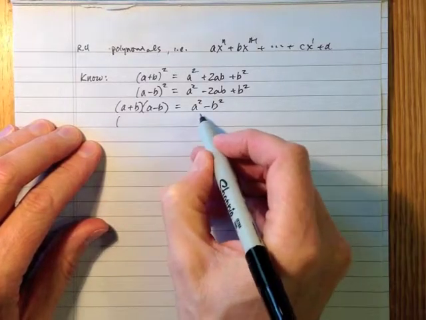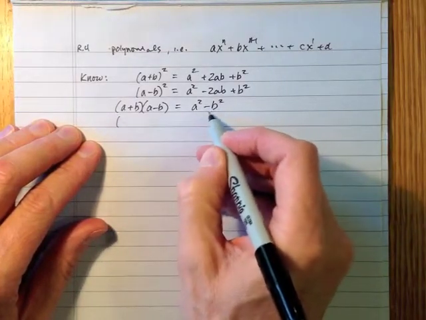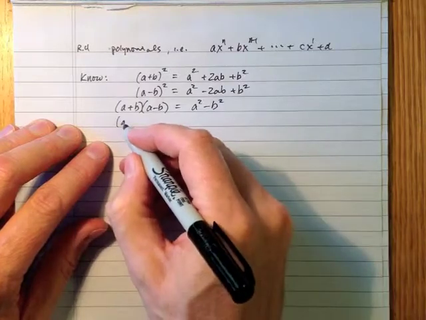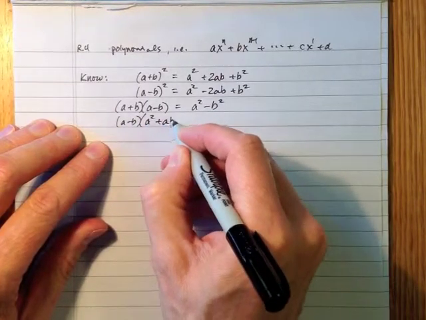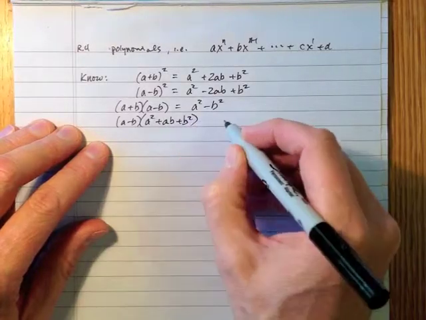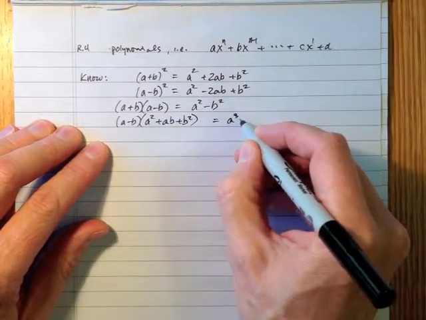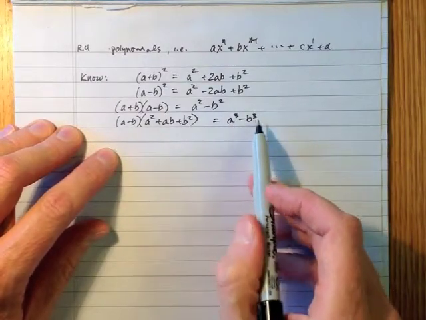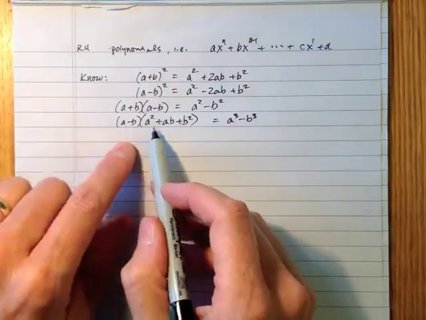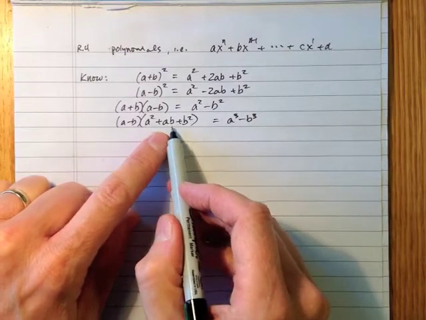This is called a square minus a square. There's a formula for a cube minus a cube, and it looks like this. So a cubed minus b cubed is (a minus b) times (a squared plus ab plus b squared).